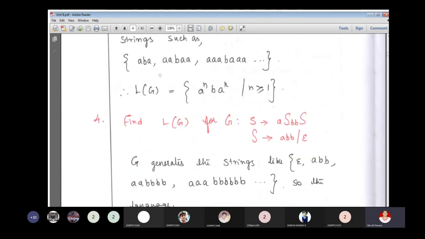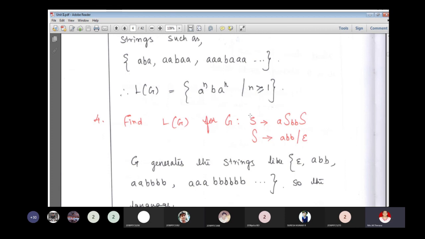Okay. Similarly, we'll see another problem. Find L of G for G: S tends to aSb, bS, S tends to ab, b or epsilon. There are three production rules given. We didn't explicitly give the variables, terminals and the start symbol, but you can identify them.